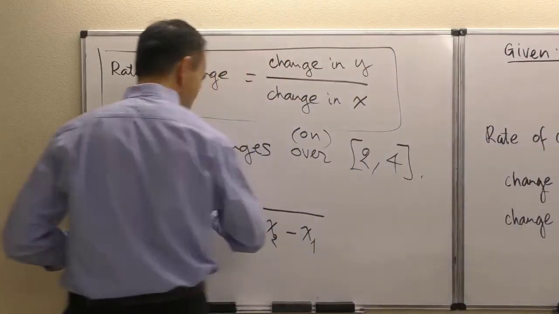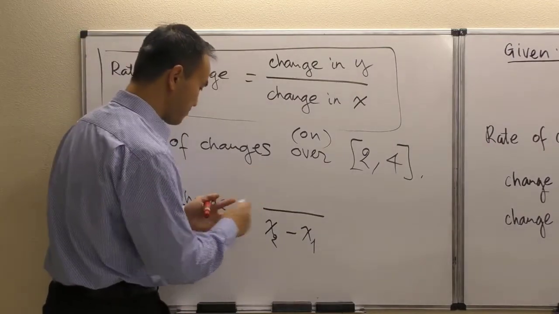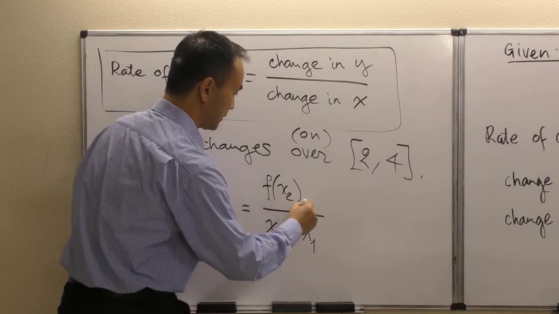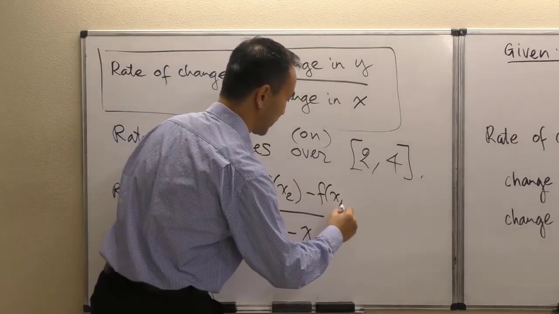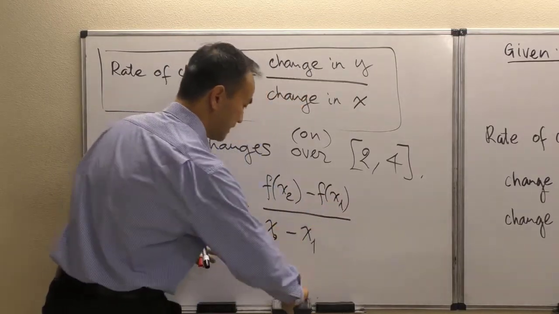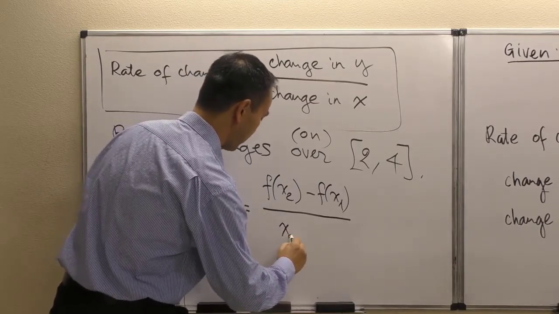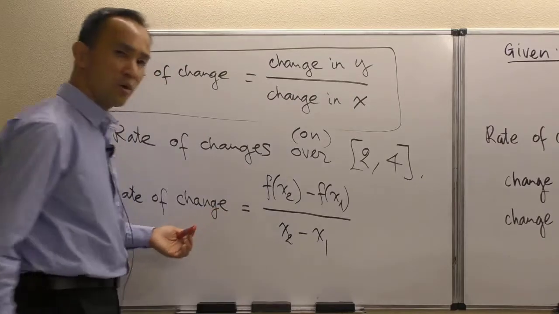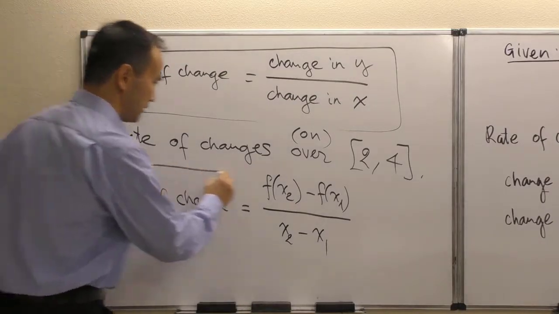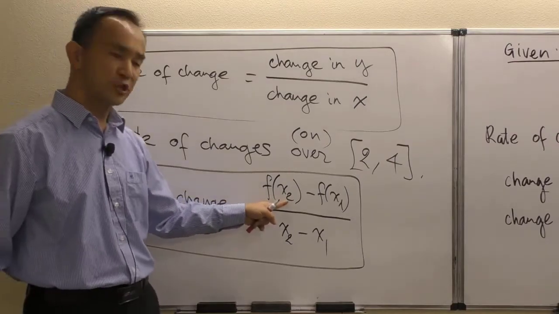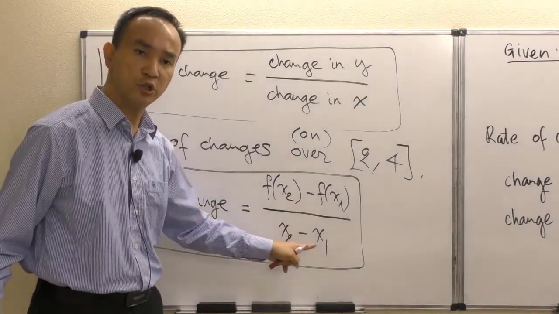So rate of change, right? Rate of change is one way you can say f of x2 minus f of x1. That's one way of setting it up. This is a widely used formula: rate of change equals f of x2 minus f of x1 over x2 minus x1.